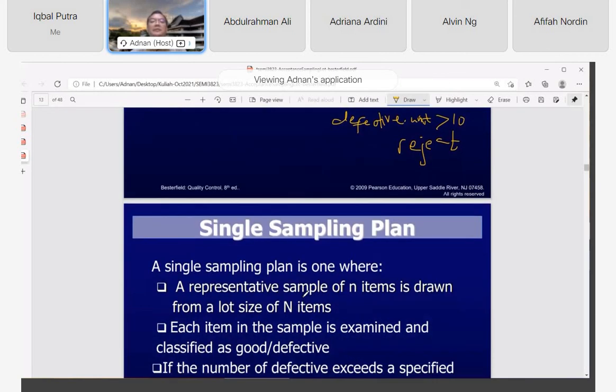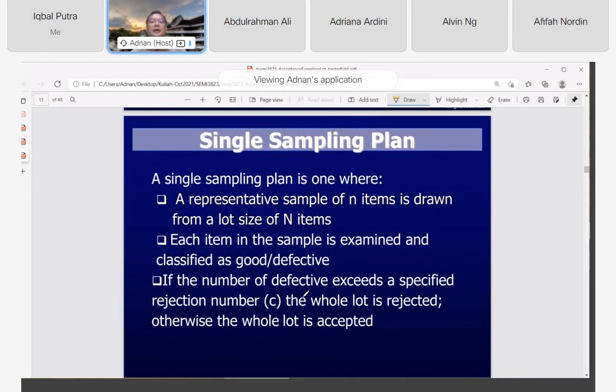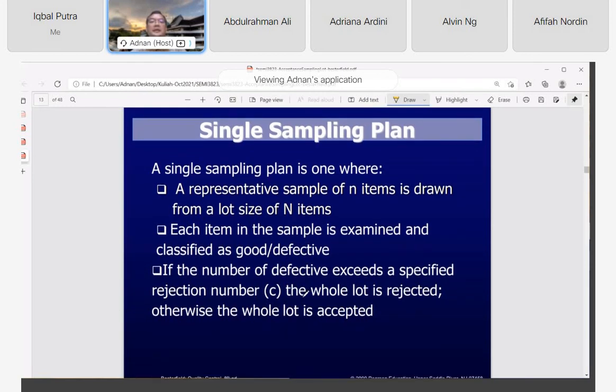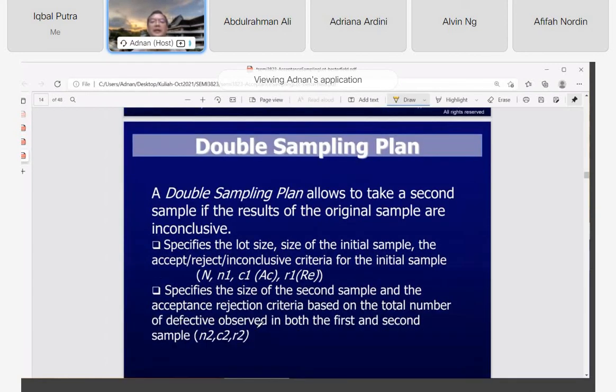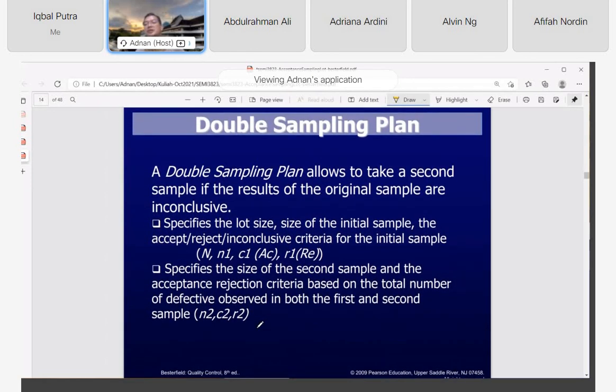Okay, we have a single sampling plan. A single sampling plan is one where a representative sample is taken. I think I have explained this. Now we have double sampling. Double sampling is when we are not able to make a decision, so it requires us to take a second sample.